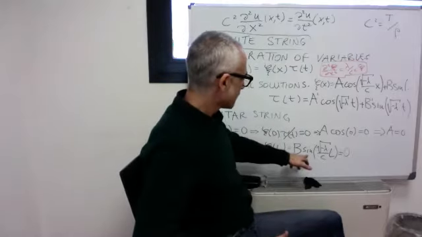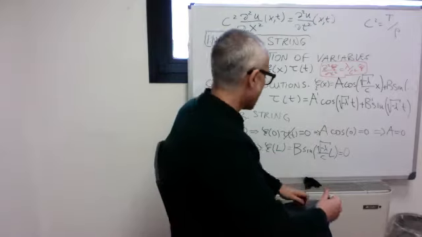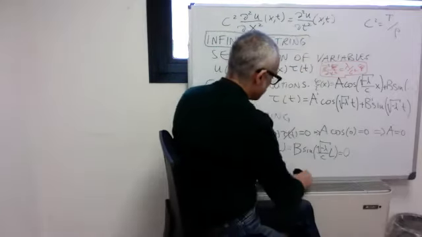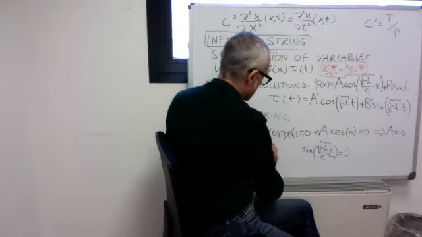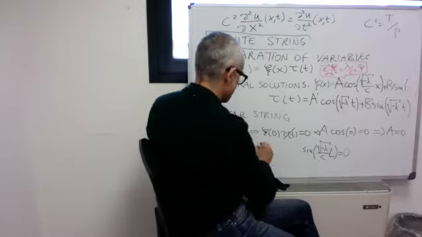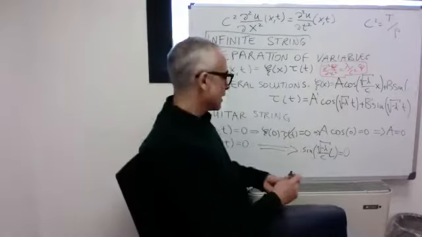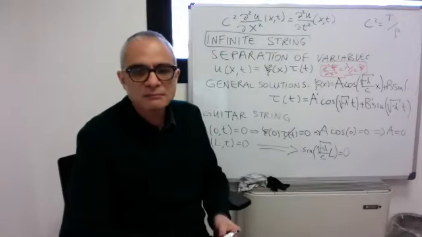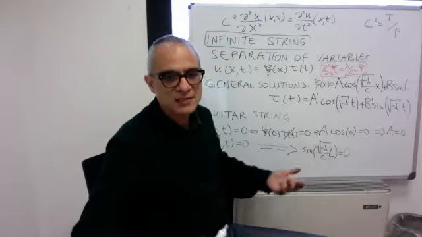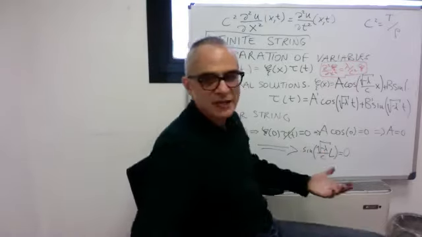But there's a second possibility now: we forget about b, and this whole thing is verified if the sine of this quantity is 0. And the sine of this can be 0 if lambda has some particular values. So when is it that the sine of a number is 0?